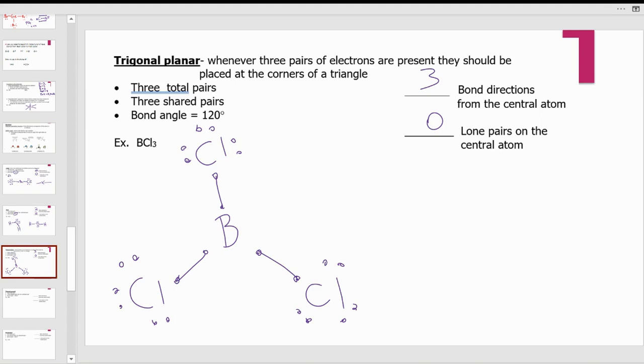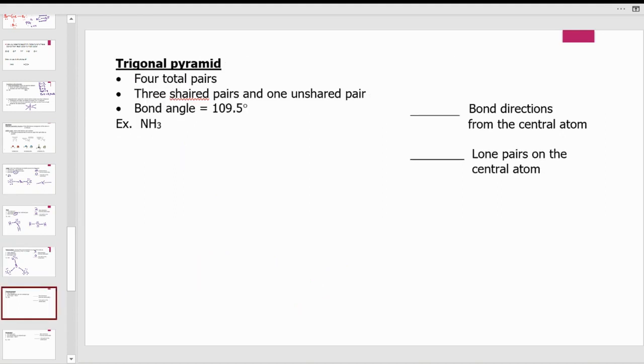Okay. Trigonal pyramid, nitrogen to a hydrogen, to a hydrogen, to a hydrogen, extra pair. 3 directions, 1 extra pair. If I put that extra pair of electrons on top, what's that pair going to do to the other bonds?